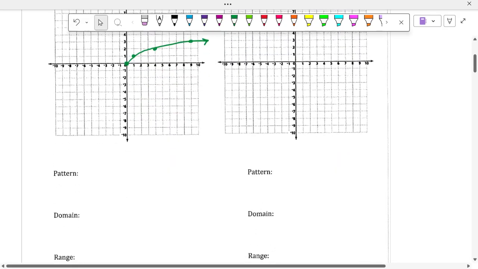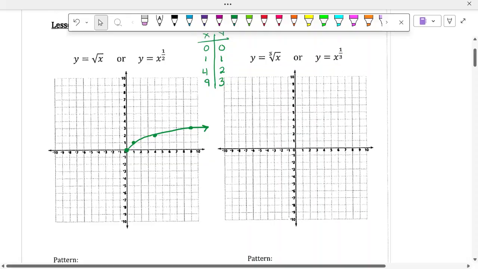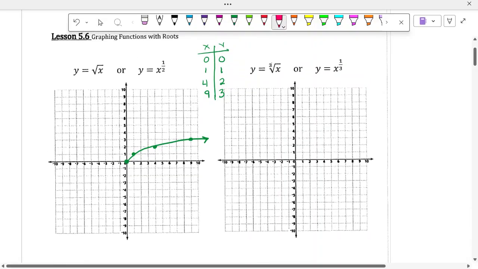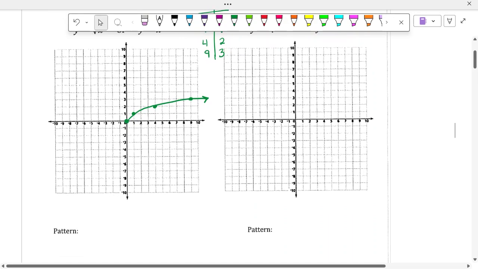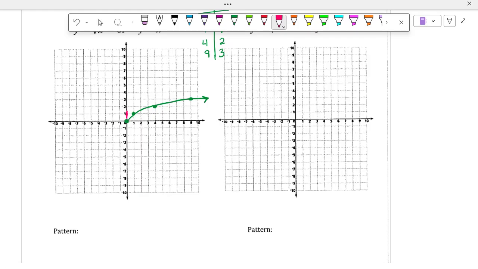But for those of you who do like the pattern, it's kind of the opposite. Whatever vertical distance you go out from 0, or its vertex, because this is considered its vertex, you would then, to get the horizontal distance, square it.